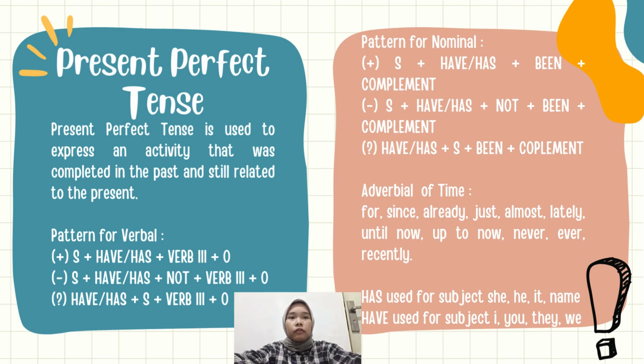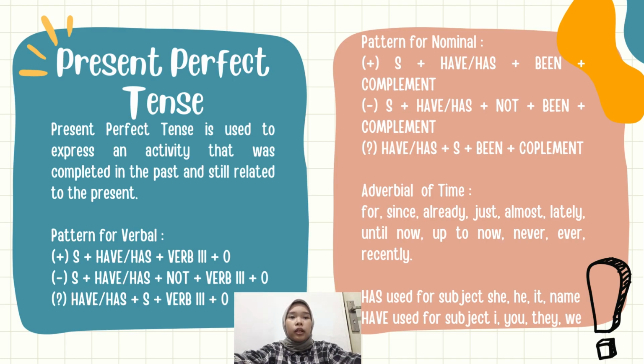And then the pattern for nominal. For positive sentence, the pattern is subject plus has or have plus been plus complement. For negative sentence, the pattern is subject plus have or has plus not plus been plus complement. For interrogative sentence, the pattern is have or has plus subject plus been plus complement.